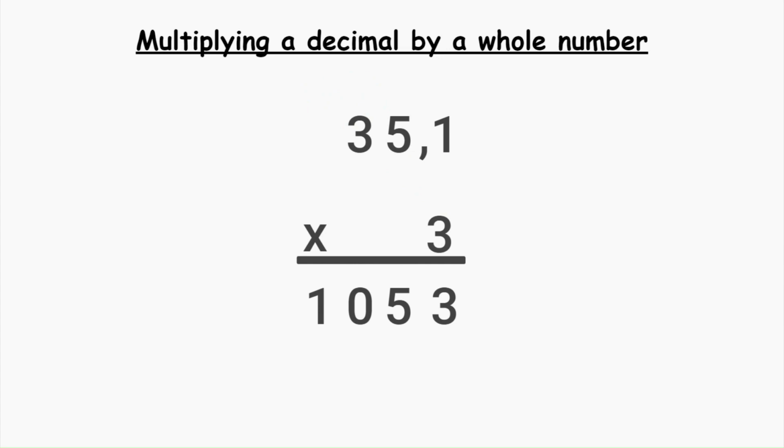We need to put our decimal in our final answer. And remember, the number of spaces it would take to move the decimal to the right in the problem is the number of spaces we need to move the decimal to the left in the answer. So our answer, 35.1 multiplied by 3, is 105.3.